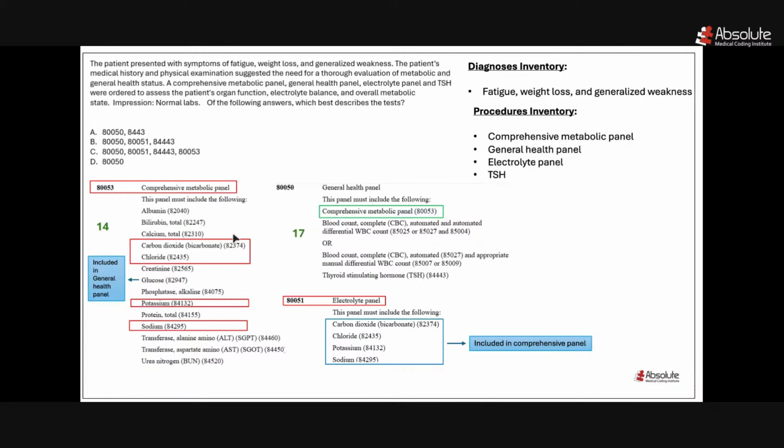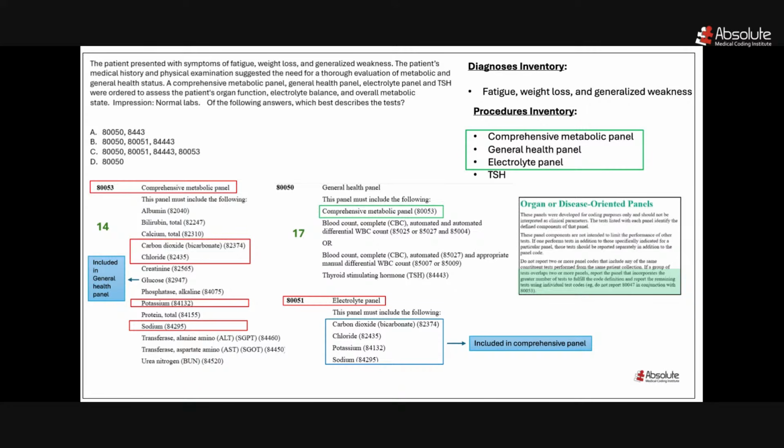So if you have overlapping tests, what will you do? You will be coding for the larger panel. So you can't code 80053, you have to code 80050. There you go. This is the guideline which you have to follow, and it eliminates option B and option C. Both are incorrect. You are left with option A and option D.